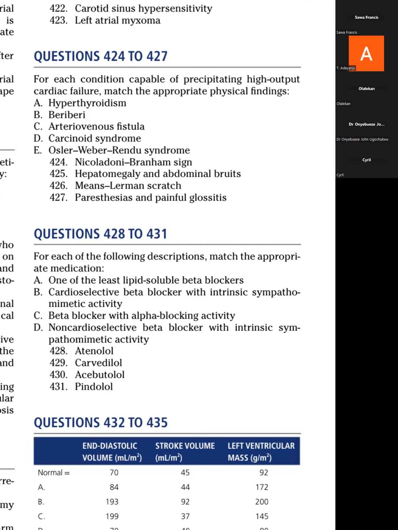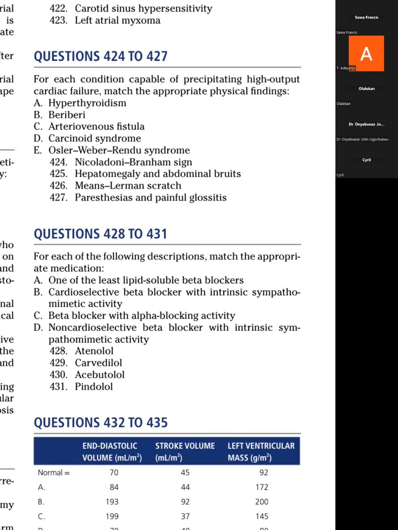And if we look at 428, atenolol is the appropriate answer here. It is the least lipid soluble that we have in this option. Of course, the other one is nadolol, but nadolol is not here. We'll pick atenolol. 428 is A.